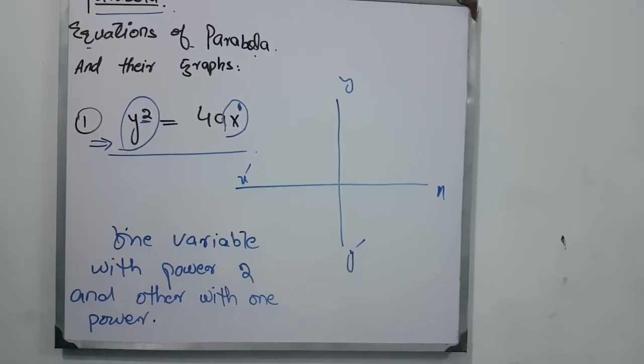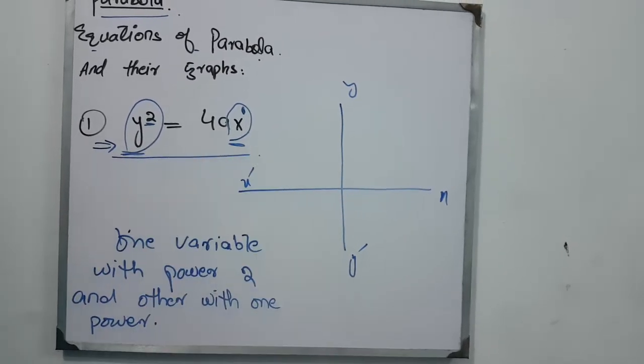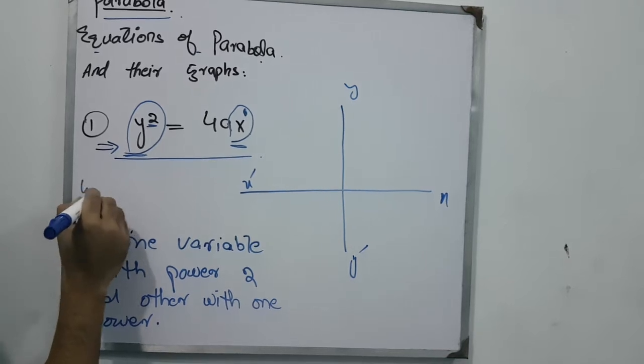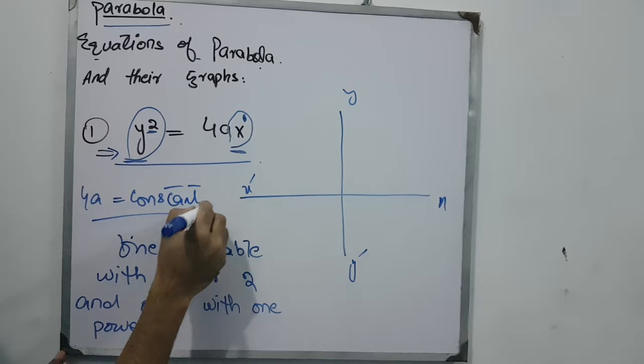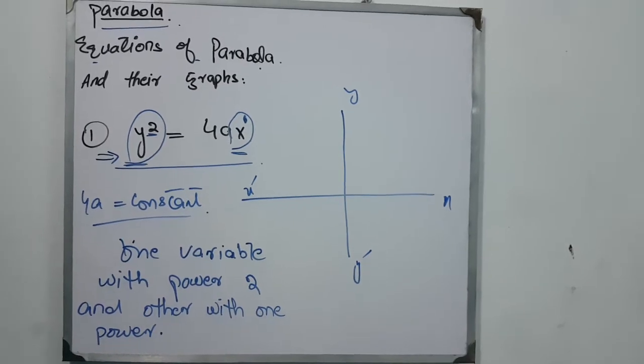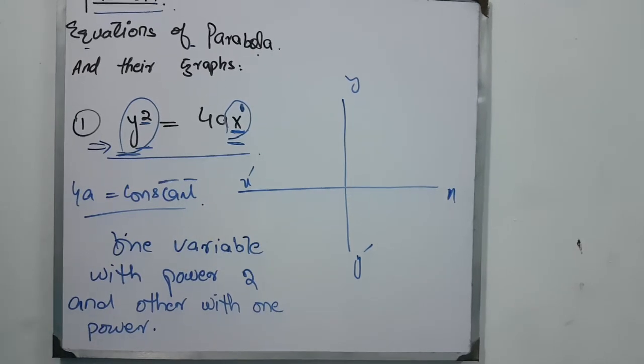Now I am telling you that two variables are involved, with power 2 and with power 1, and 4a is constant. Whether it comes in the equation or not doesn't matter, but the two variables matter.